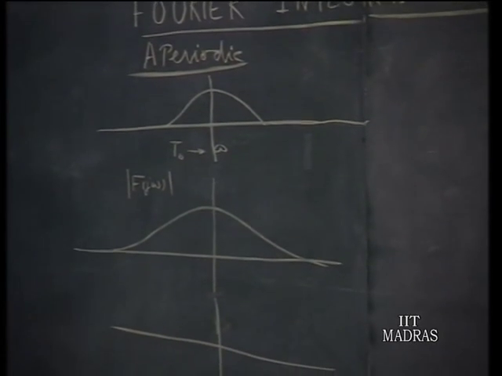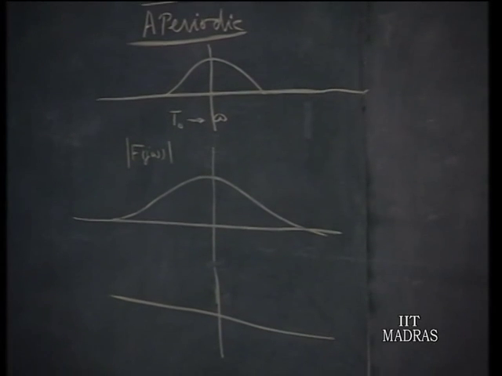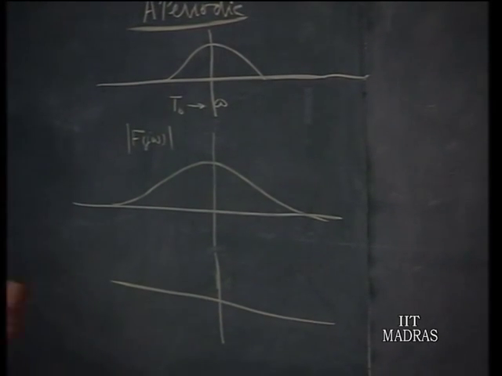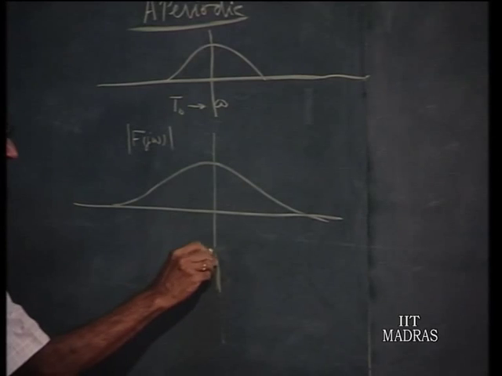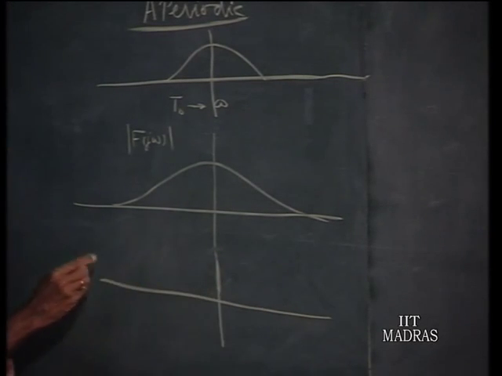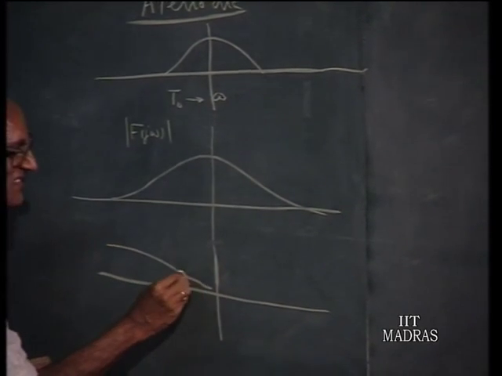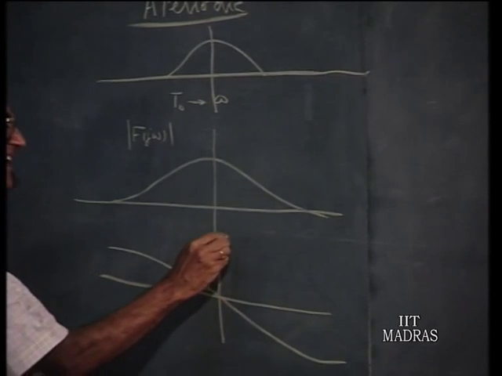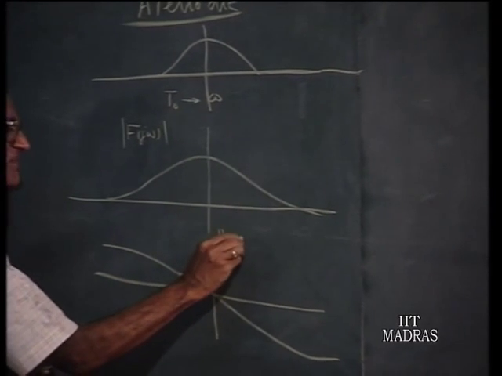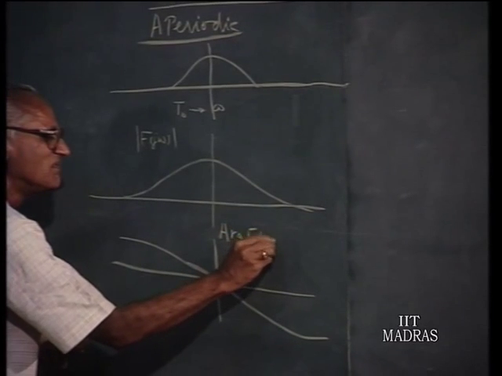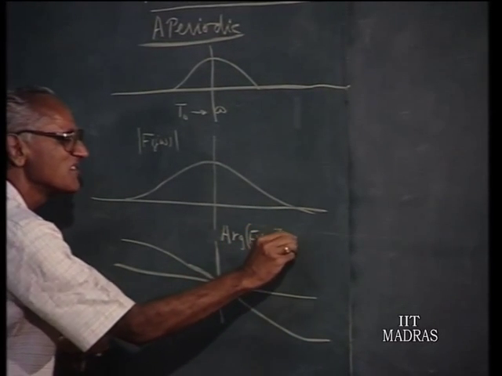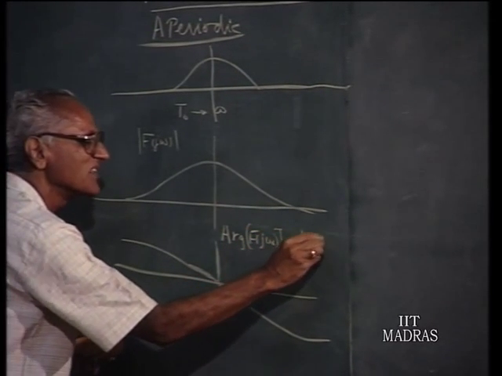After all, F of j omega in general is a complex function, therefore you have magnitude and a sign. So, you have also an angle associated with that, which is a continuous function. This is the argument of F of j omega, which we may call phi j omega or phi omega.